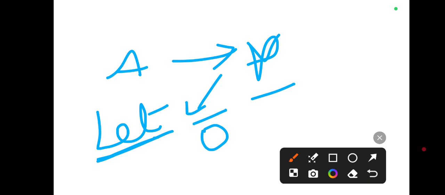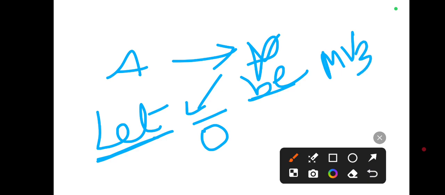Then helping verb. Out of eight helping verbs, you have to insert one. What is the helping verb? Is, am, are, was, were, be. So here in this case be will be inserted, right? And third form of main verb. This is the pattern: let, then object, then be, then third form of main verb.